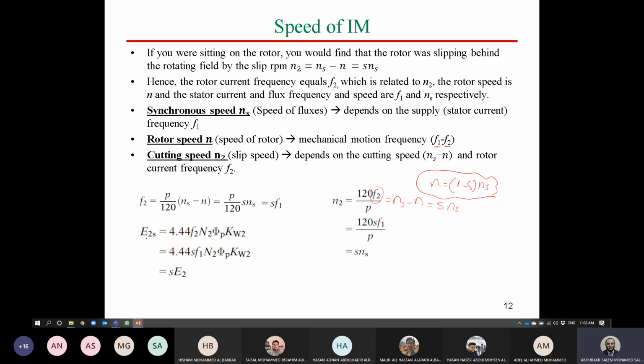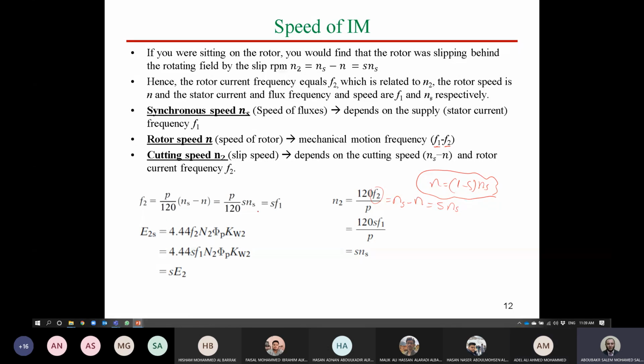We expect to have E2 equals 4.44 multiplied by F2 N2 phi, which is the peak flux, multiplied by K winding. Of course the EMF will depend on the current frequency of the rotor circuit, which is F2. So what is the relation between F2 and F1?